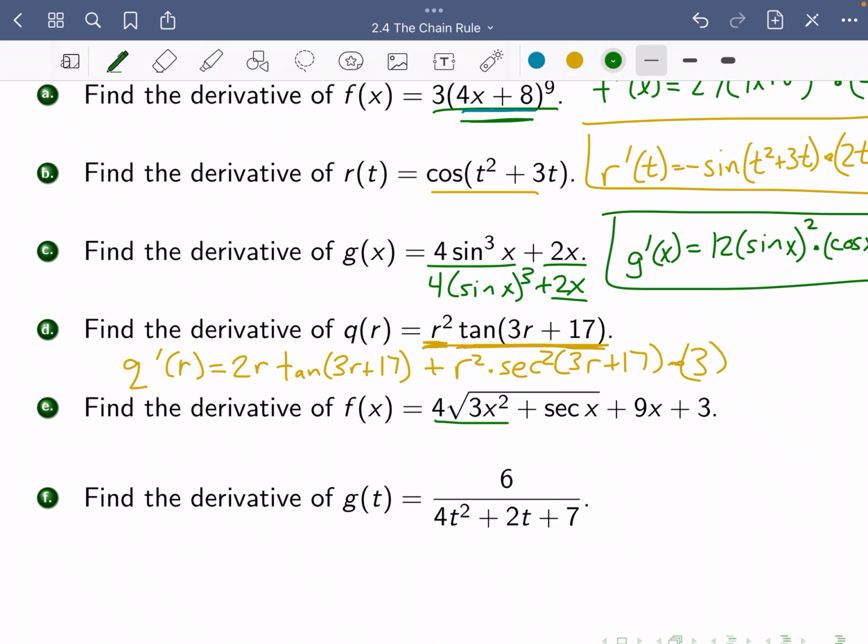All right, let's look at our next one. Next, we have 4 times the square root of 3x squared plus secant x, plus 9x plus 3. So here, when we take our derivative, that square root is the same as a 1/2 power. So you can bring that 1/2 down. So you have 4 times 1/2, which is 2. The inside stays the same.